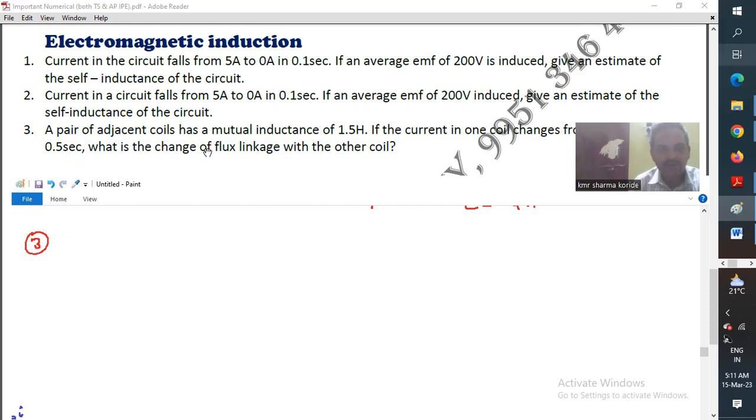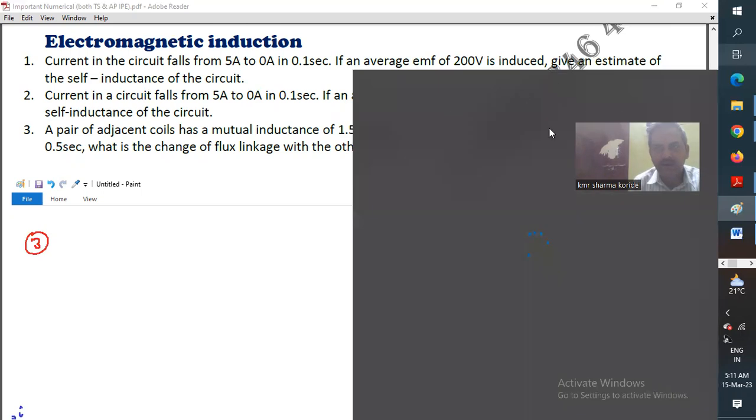A pair of adjacent coils has a mutual inductance 1.5 Henry.